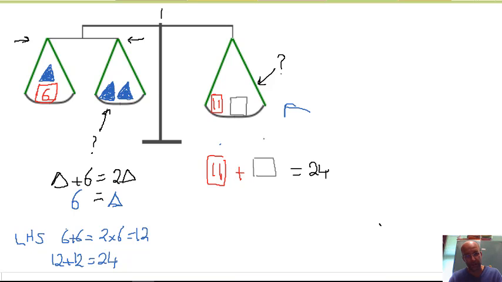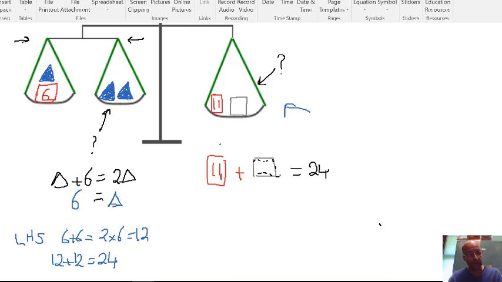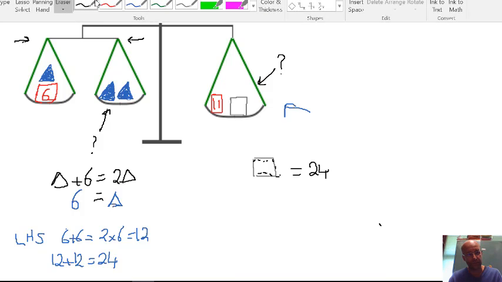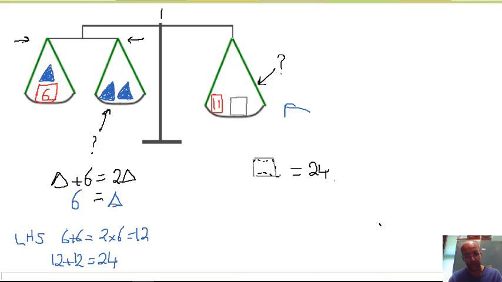If we take the mass of 11 off, we get the rectangle by itself. Let's do that. But wait on, that would cause this thing to be unbalanced. The left side would be heavier, so we have to take 11 off the 24 as well. And that would be 13.